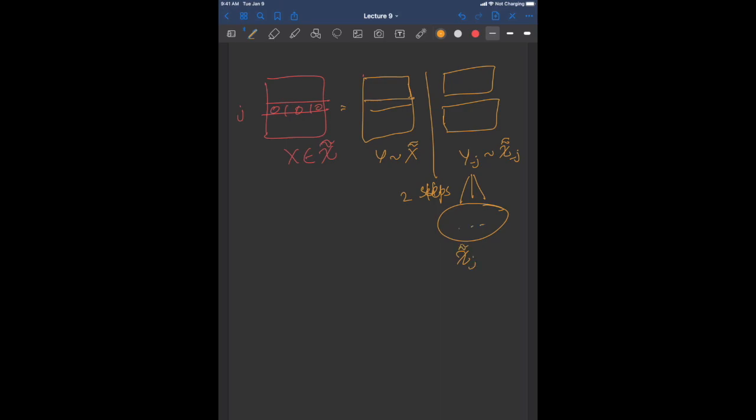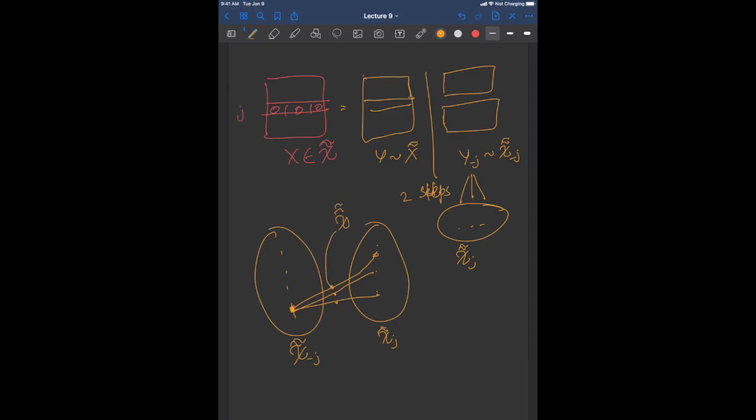So to sample a complete matrix, you first uniformly sample a partial matrix and then complete it. To sample an edge, in this bipartite graph view of x tilde tilde minus j and x tilde tilde j, you sample one of these nodes uniformly at random, and then it has some edges coming out of it, and you choose one of them uniformly at random. Every edge is an element in x tilde tilde.